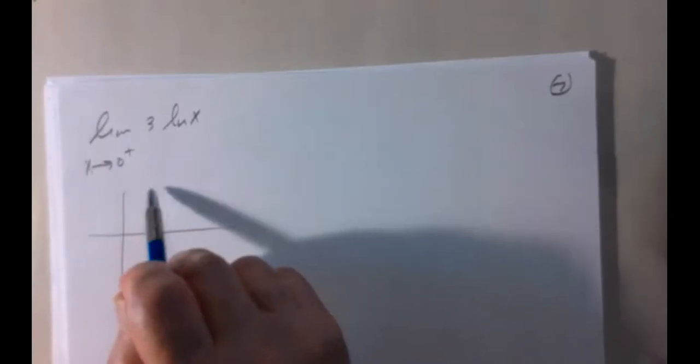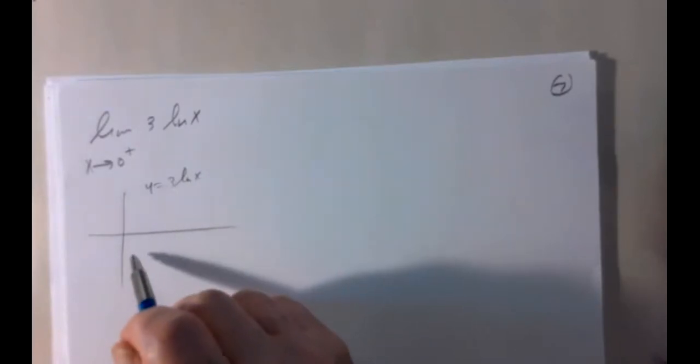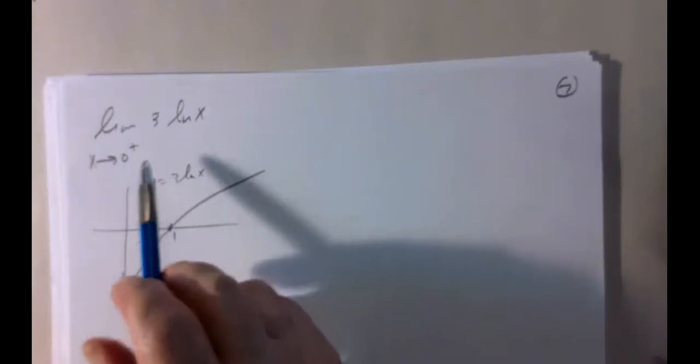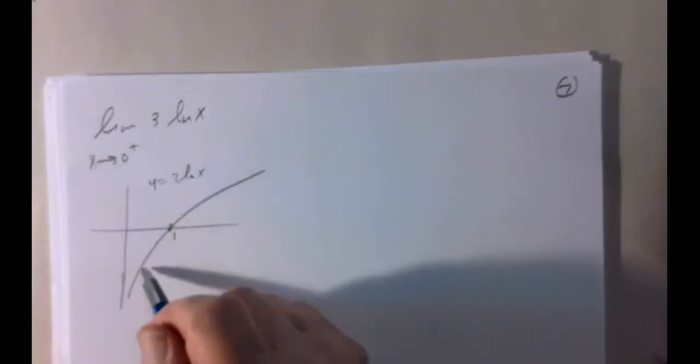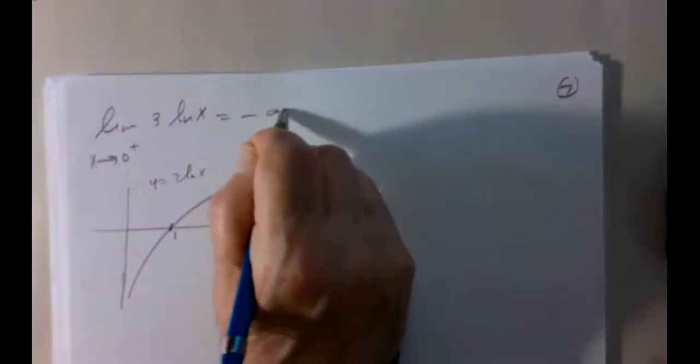So what does the graph of y equal 3 log x look like? It's only defined for x positive, and it looks like this. It crosses the x-axis at 1. And as x goes to 0 from the right, this function is going to minus infinity. Looks like that.